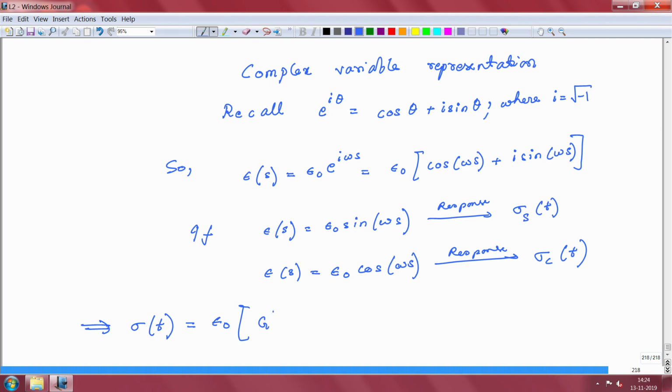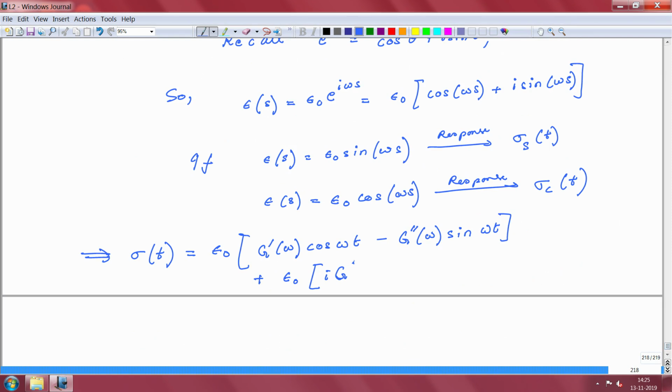So, we will write down the output for a cosine function: cosine omega t minus G double dash of omega, which is a function of omega, into sine omega t, plus for the imaginary part of the input we have epsilon naught into i times G dash of omega into sine of omega t plus i times G double dash omega cosine of omega t. Right.